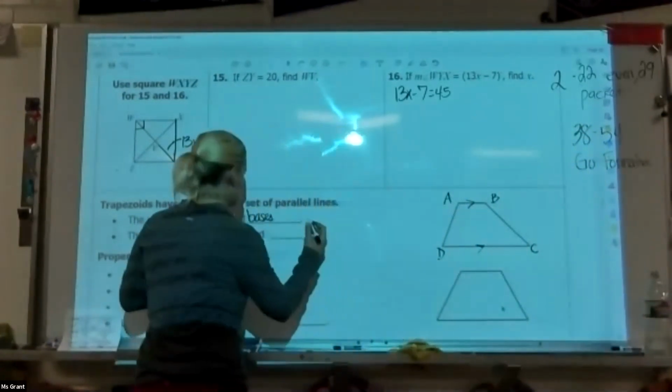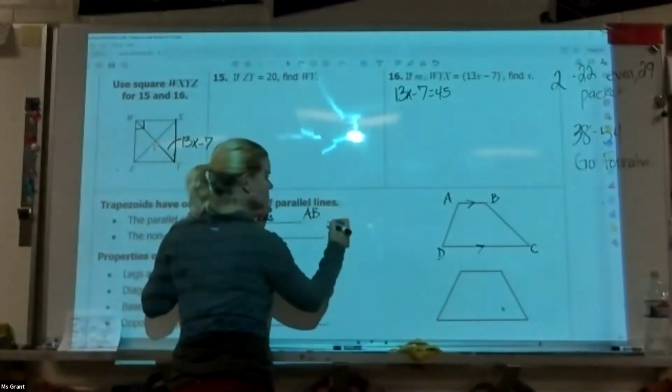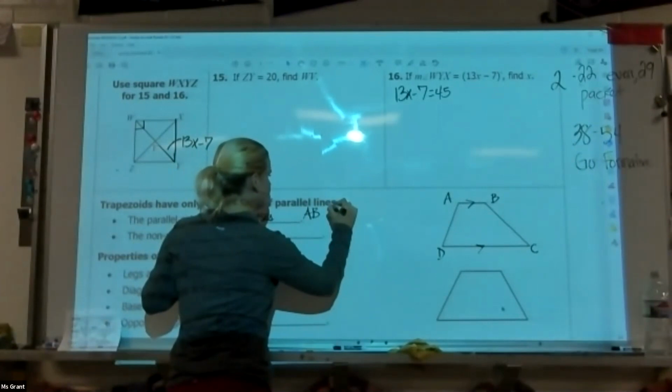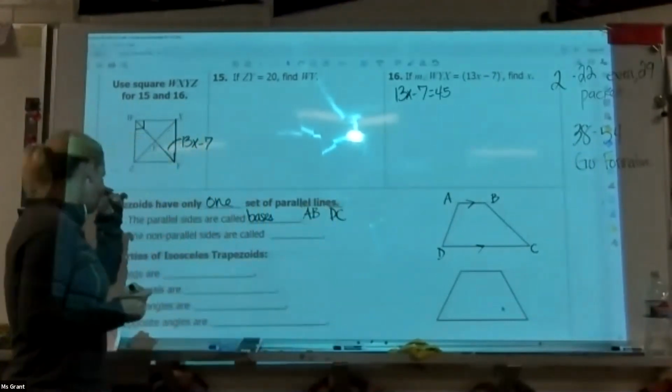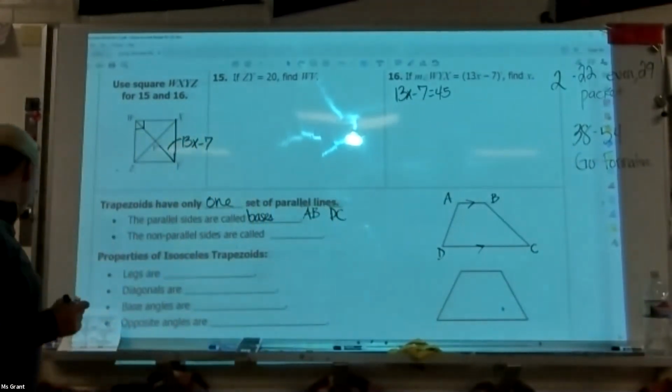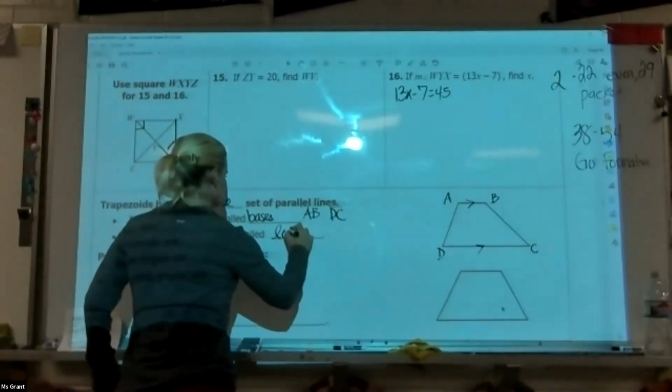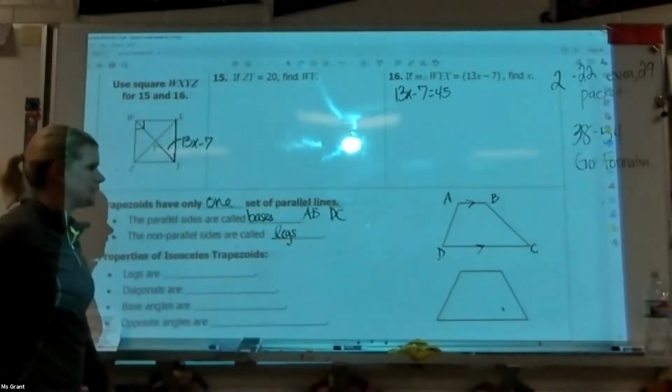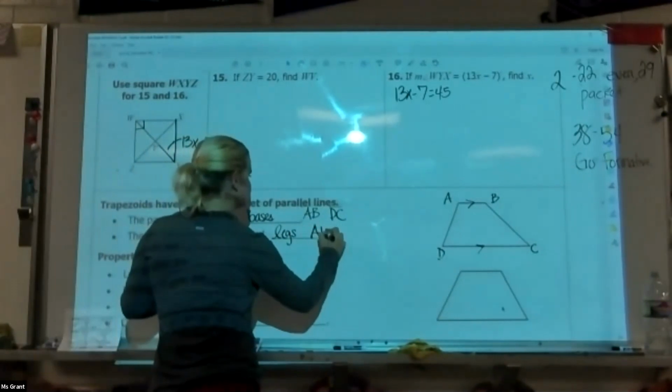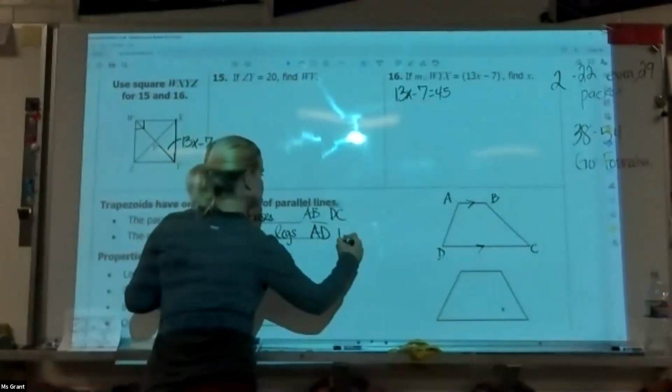Parallel sides are the bases. That's AB and DC. The non-parallel sides are called the legs. That'd be AD and BC.